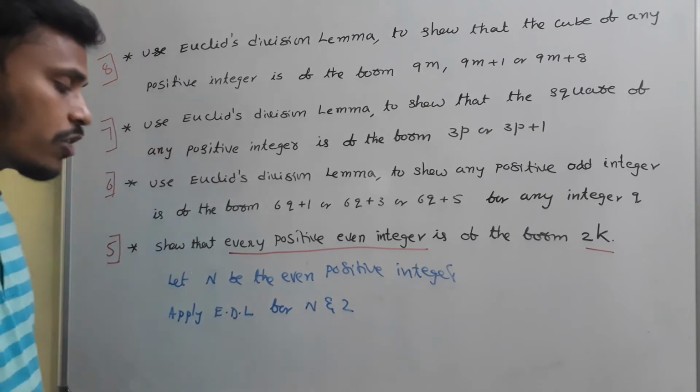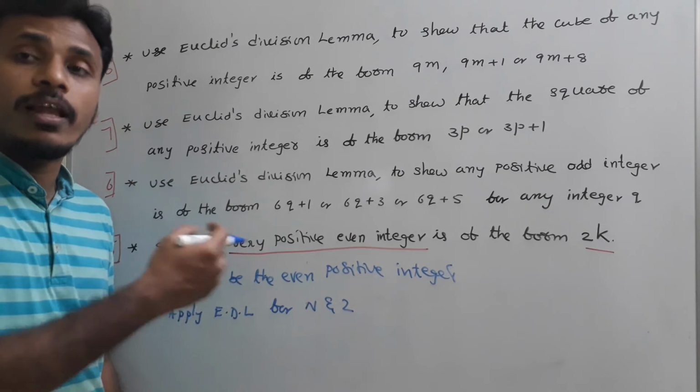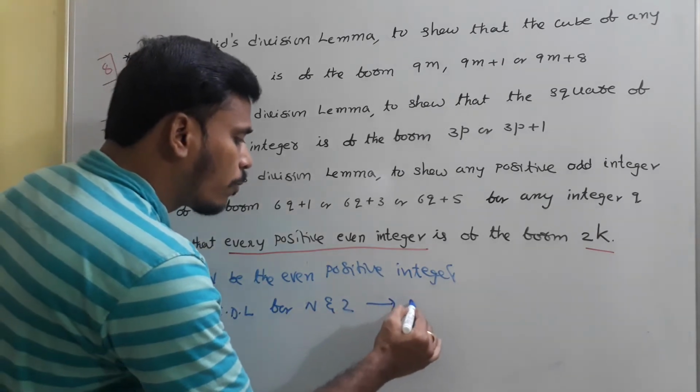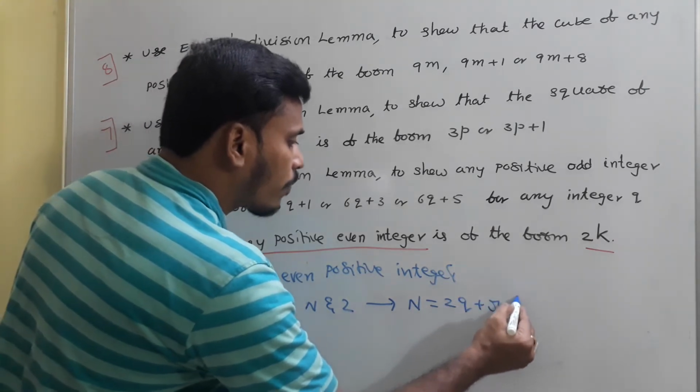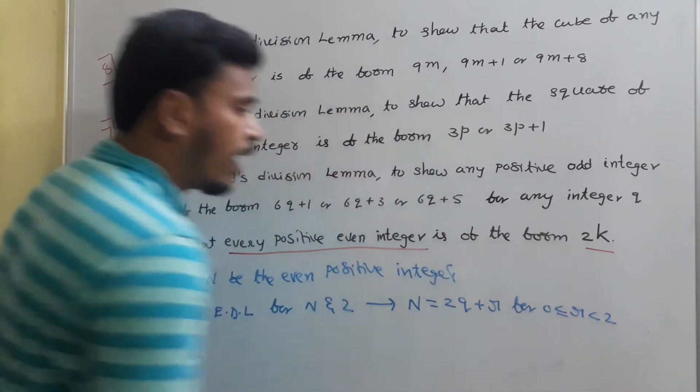If you apply Euclid's division lemma for n and 2, then the representation is n equals 2q plus r for 0 less than or equal to r less than 2.